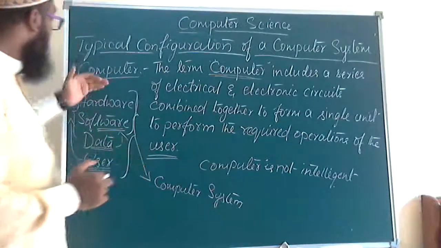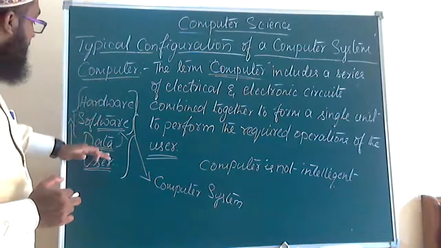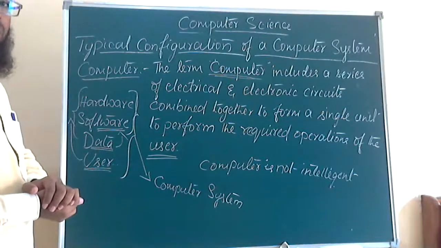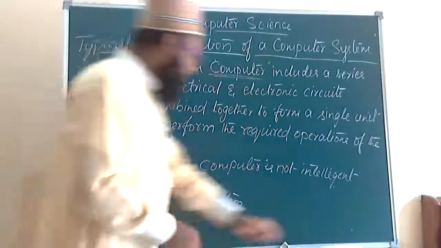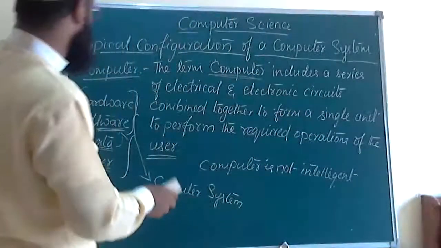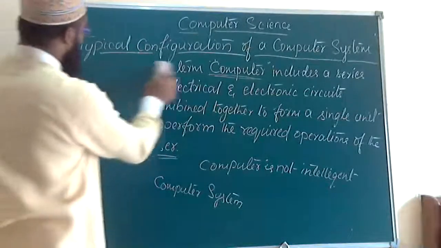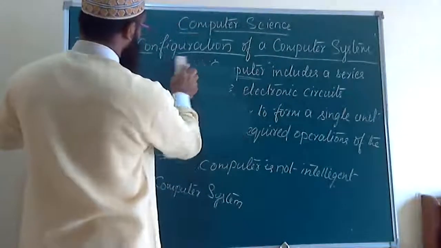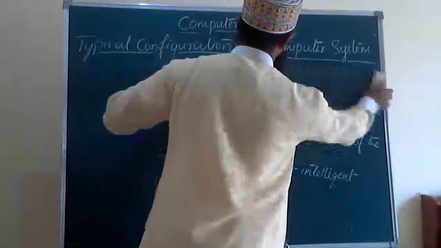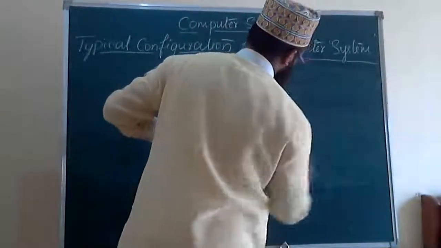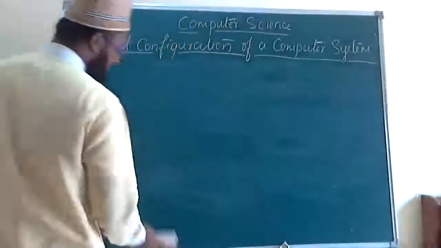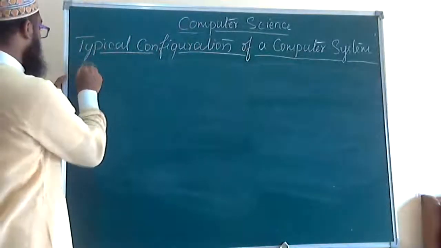Come, we shall see what is hardware, what is software, what is data, and what is meant by users. We shall discuss these things one by one. First, we will take hardware.